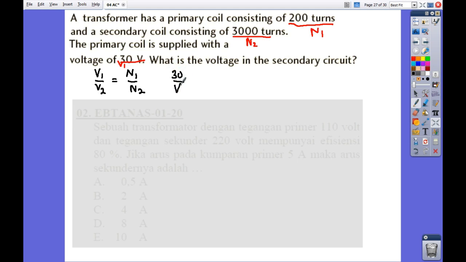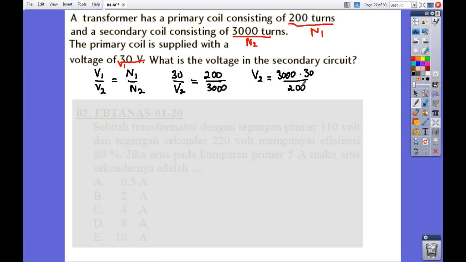30 over V2 equal to 200 over 3000. As you can see, the number of turns of the secondary coil is greater than the primary coil, so V2 should be increasing, right? So V2 is actually 3000 times 30 over 200.